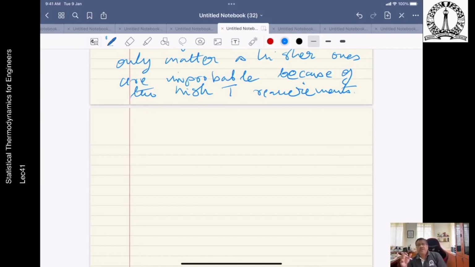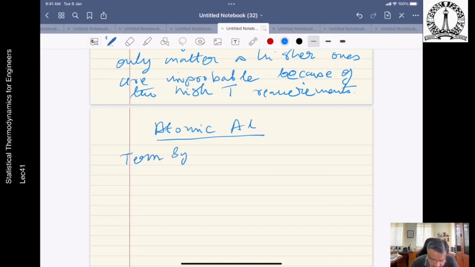For example, if we consider only 3 electronic levels for gaseous aluminum, we would normally require only the first 2 levels for calculating the partition function because of the huge gap between the second and the third levels. If we look at atomic aluminum, let's look at the term symbol and TE, which is in centimeter inverse.